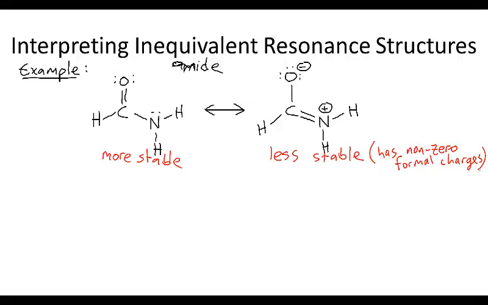So the way to interpret that is to say, well, the hybrid structure, the actual structure of this molecule, is going to be somewhere between these two, but it's going to be closer to the one on the left. All right? So this is a case where the hybrid has two parents, and it resembles one parent more than the other. When people have a baby, they're, oh, looks so much like mom, looks so much like dad. This is a case where the hybrid resembles one a lot more than the other.